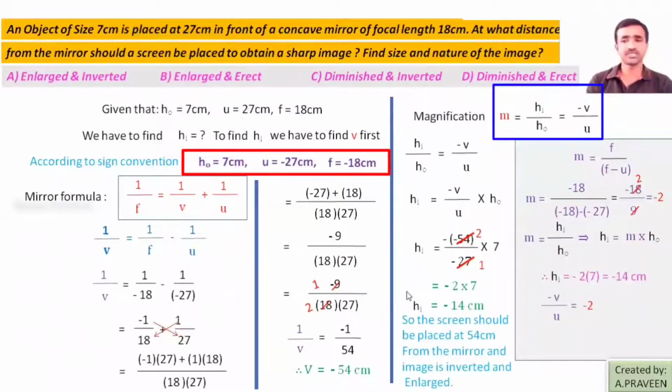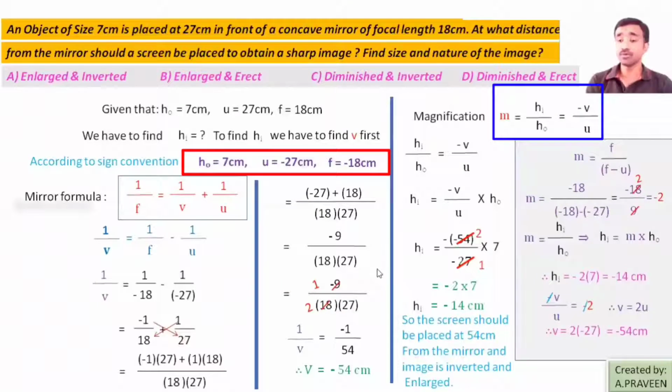So minus minus gets cancelled on either side. Then what remains? By transposing, I get V equal to 2 into U. Then substitute the U value, minus 27. Therefore V equal to 2 into minus 27, which is minus 54. So V is equal to minus 54 centimeters.